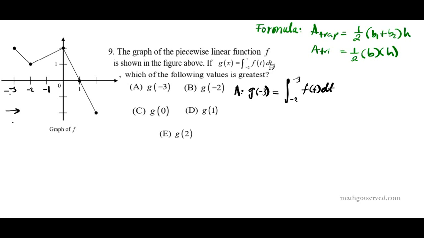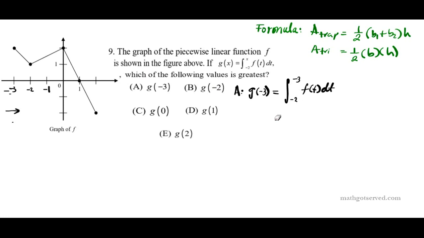But if you take a look at the limits of integration here, it's not in increasing order. We have the bigger number as the lower limit, and the smaller number as the upper limit. That is no good. So if we want to find the integral, we have to fix that problem.